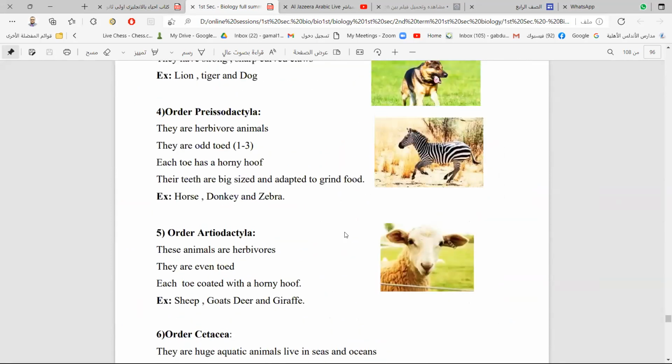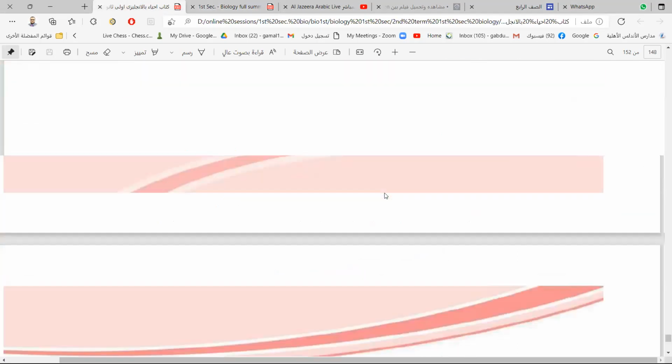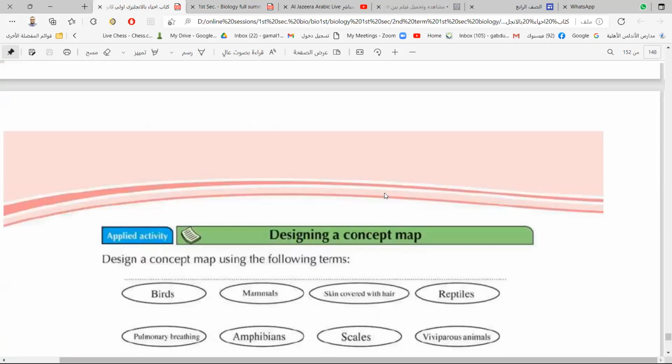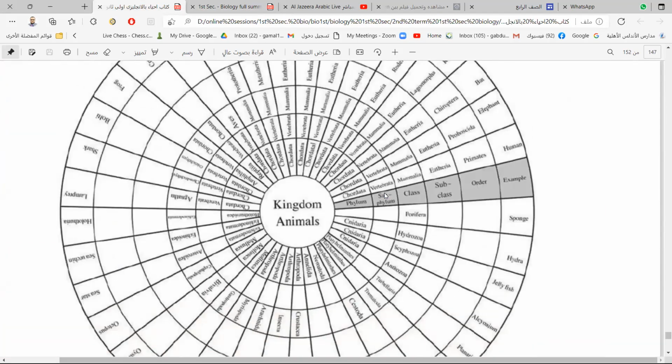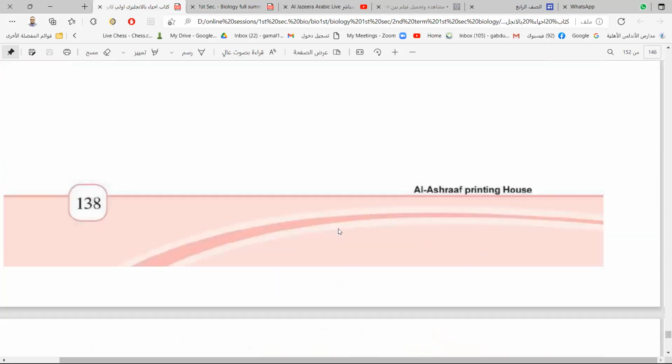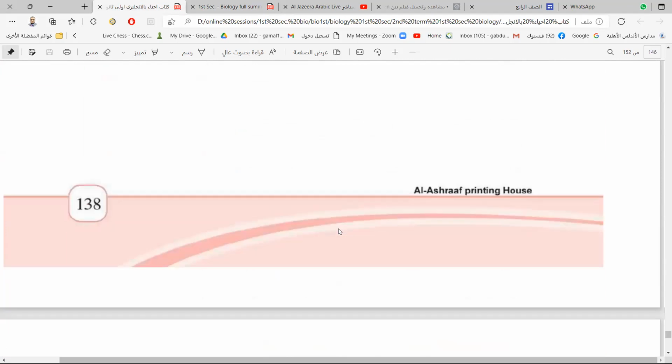How many kingdoms in the modern classification? Do you know? 5 kingdoms. And the last one of them is kingdom Animalia. We divide living organisms in the modern classification into 5 kingdoms, if you remember.